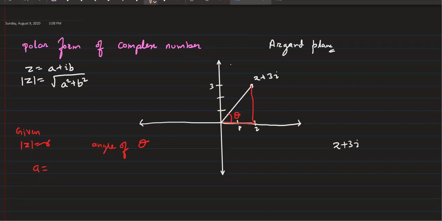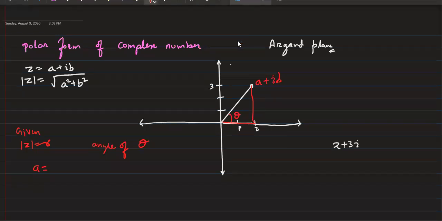Just imagine this as a different problem where this length is given as r. This is your a plus ib.